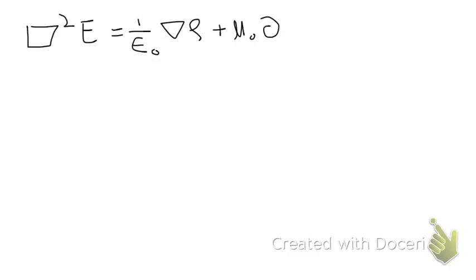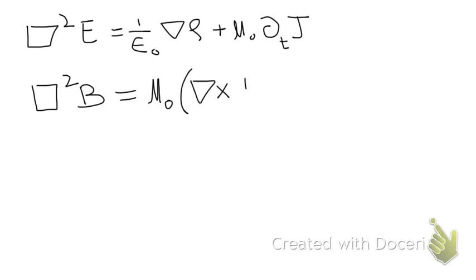So that will be, for my electric field, this thing over here plus mu naught time derivative of my current density, and the second equation for the magnetic field is this thing over here, mu naught curl of my current density.